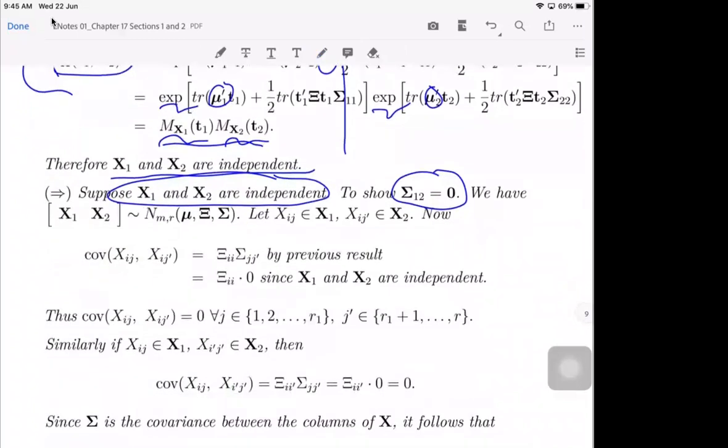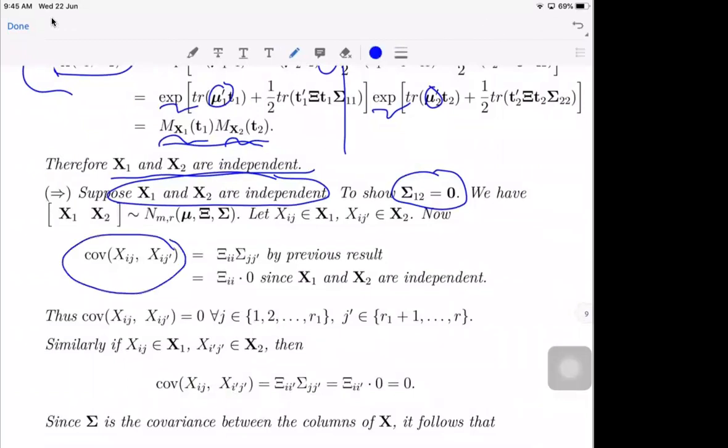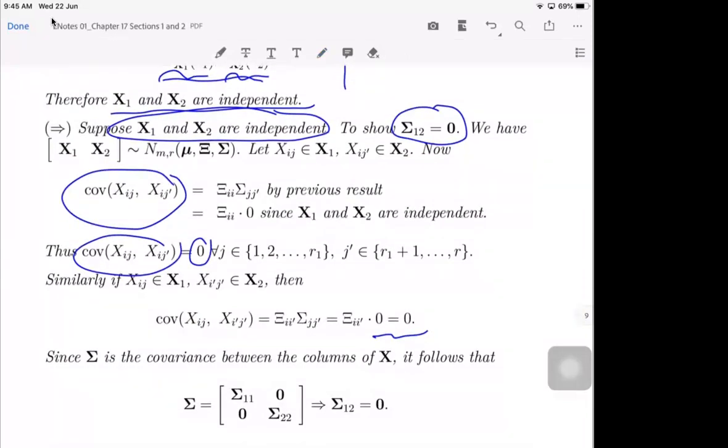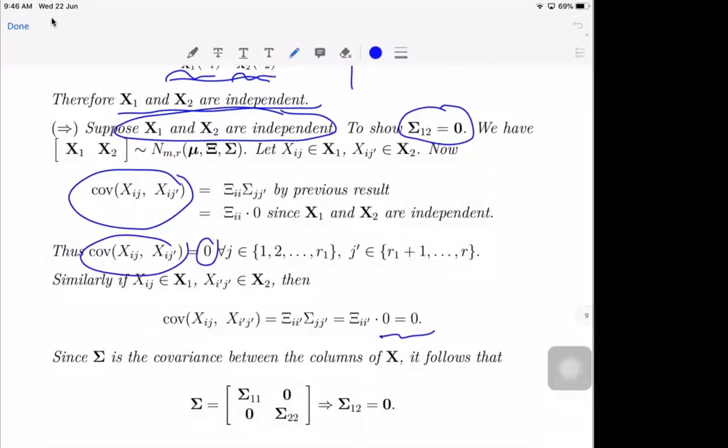So to do this, we look at the covariance value of your values here, but that is just equal to 0, no? Because x and y here are independent.